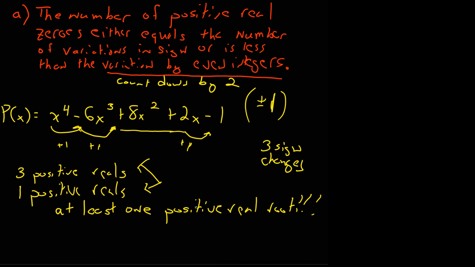So I guess one of them is positive 1. That doesn't work though, does it? Yeah, it does. 1 minus 6 is negative 5. Positive 3. Let's see here. I'm trying to put my positive 1 in. So that's 10. Yeah, positive 1 doesn't work.